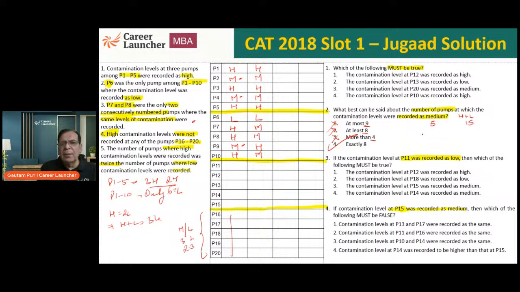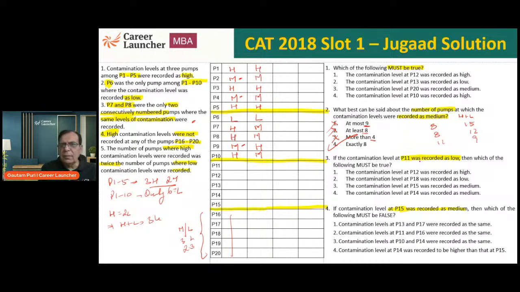Okay. Similarly, if you look at medium as next would be 8, because high plus low has to be a multiple of 3. So if it is 15, the next one will be 12. Okay. Or let me put it this way. What are the possibilities? 5, 15, 8, 12, 11, and this will be 11 and 9.